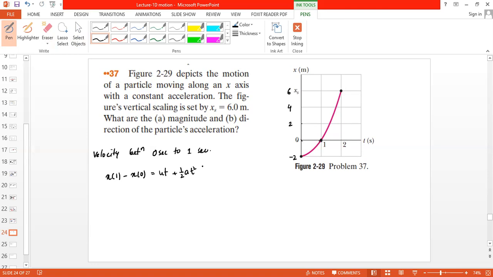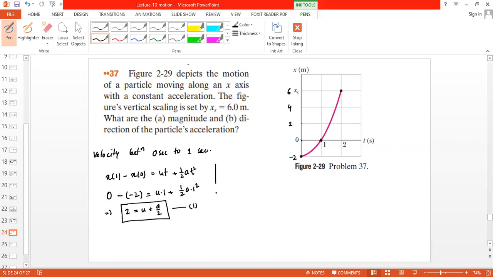At t equal to 1 second, the position was 0, minus the position at 0 second, which was minus 2, equal to u into t, which is 1 second, plus 1/2 a into 1 square. So that means 2 equal to u plus a by 2. Let's name it equation number 1.